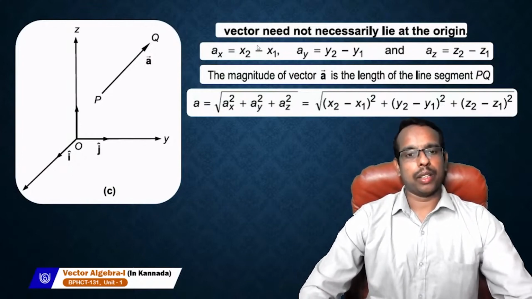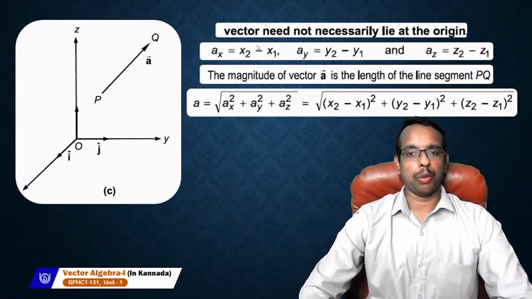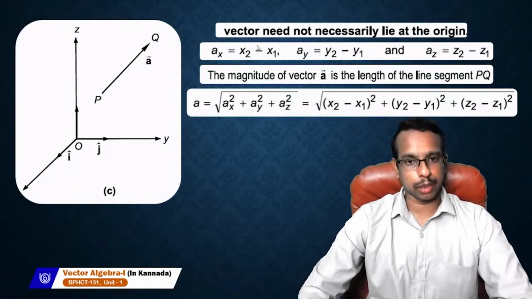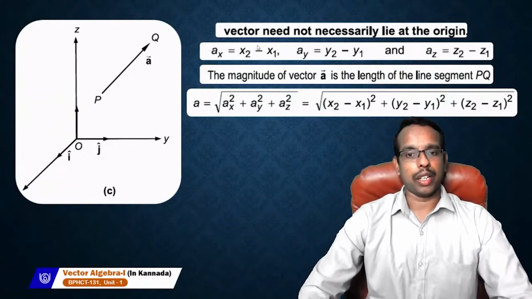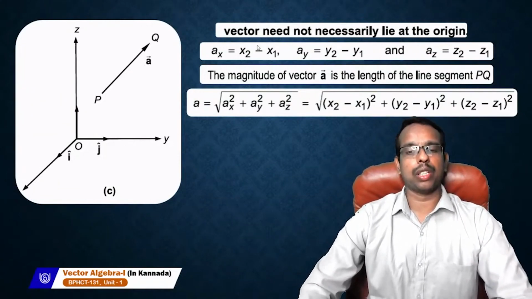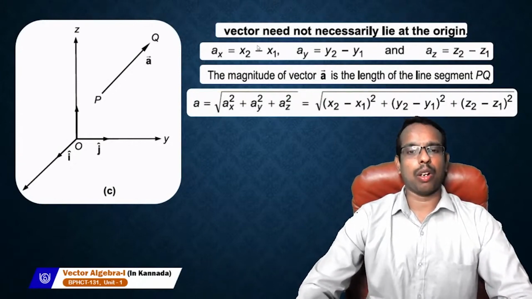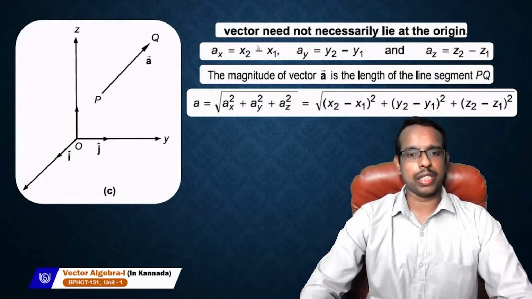We already know ax is x2 minus x1, ay is equal to y2 minus y1, and az is equal to z2 minus z1, because ax is nothing but the projection along the x-axis, ay is the projection along the y-axis of the vector, and az is the projection along the z-axis, and these values are nothing but the length or just the measurement of the vector along x, y, and z.